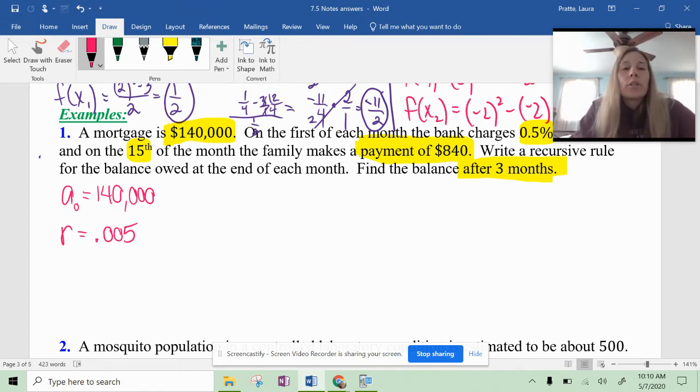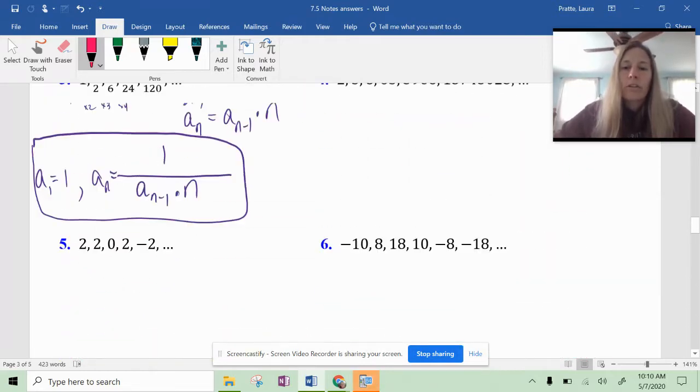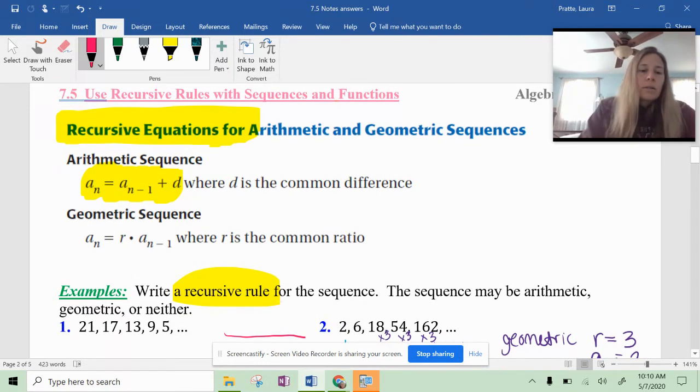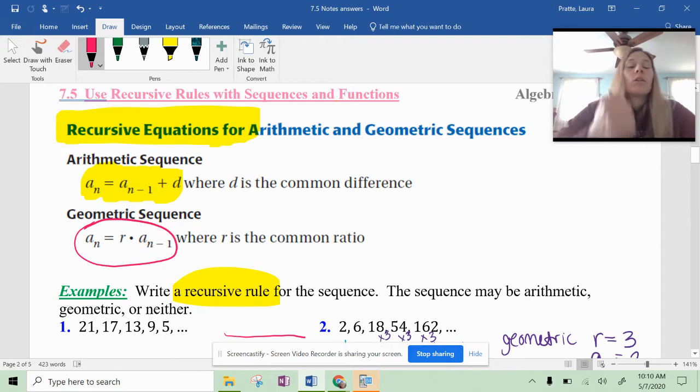If you remember from earlier in these notes, I can scroll back as a quick refresher. The geometric sequence here for recursive is A sub n equals R times A sub n minus 1. So that's what we're going to be using.